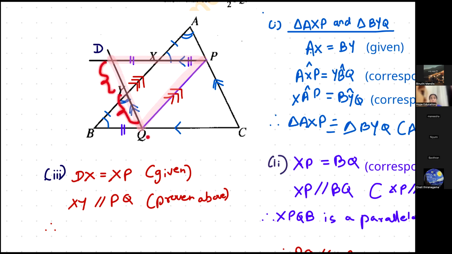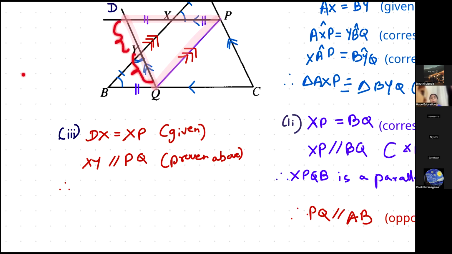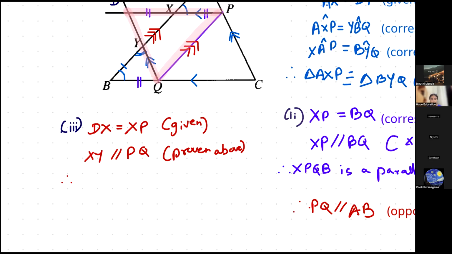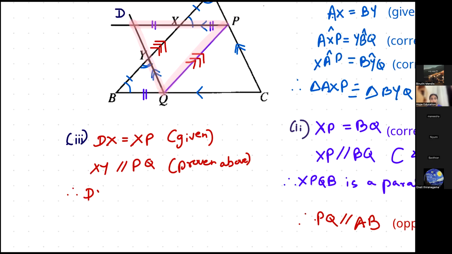Why? From the converse of the midpoint theorem. Therefore DY equals YQ. Reason is converse of the midpoint theorem.